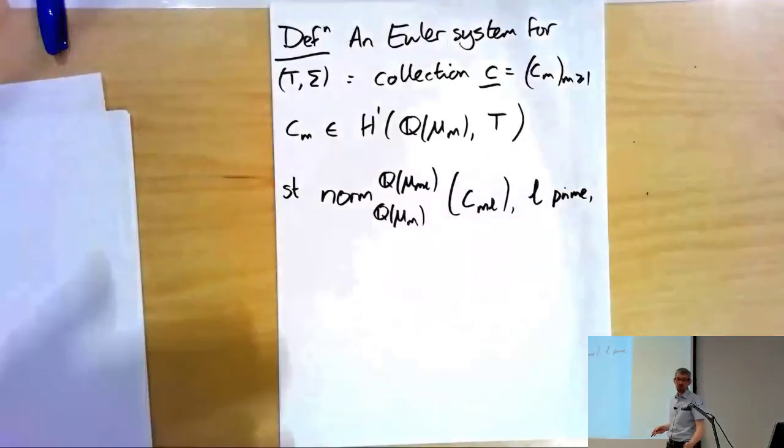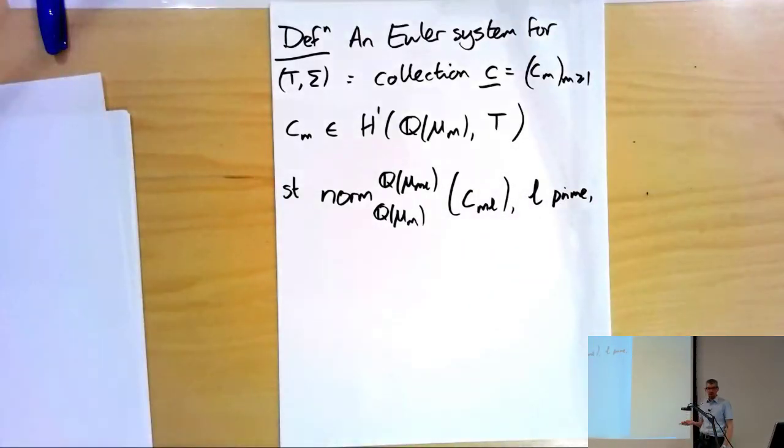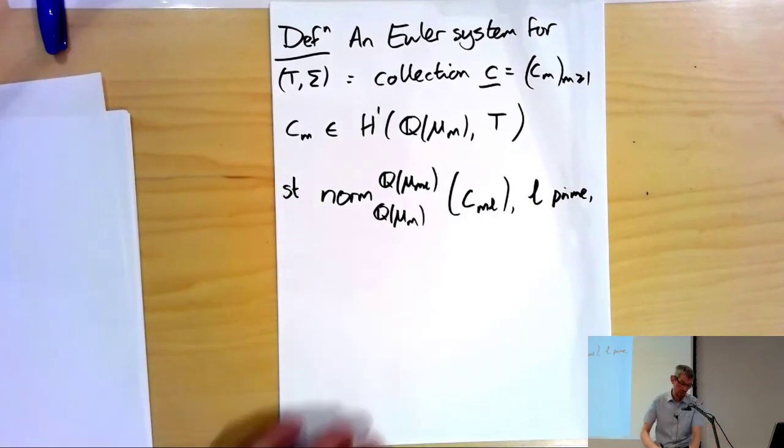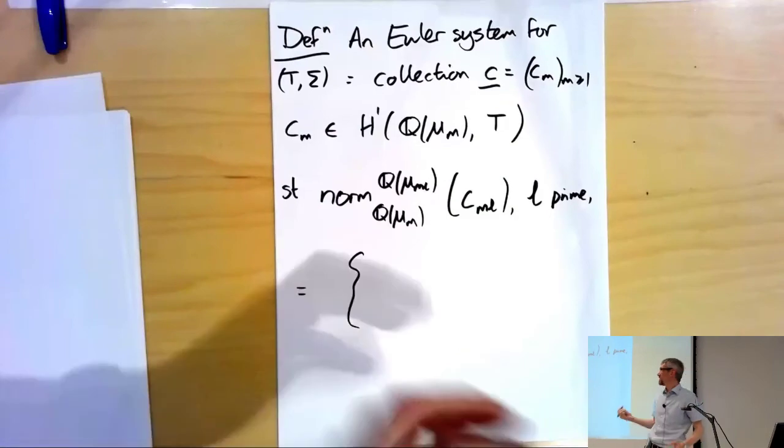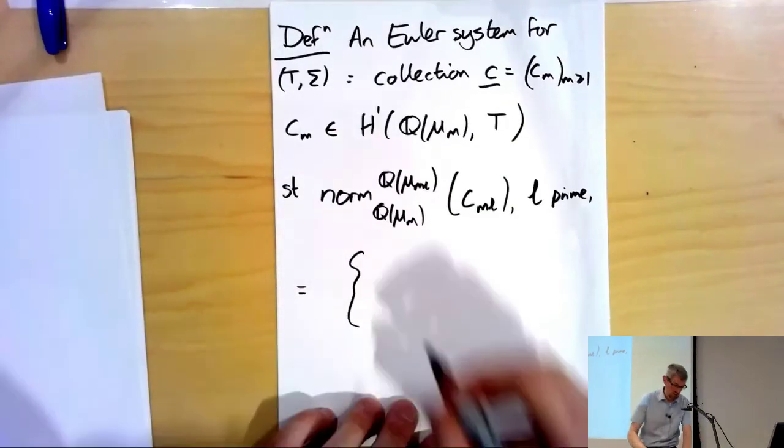And if l is a prime number, I can compare c_{ml} and c_m. What I'm going to ask for is that in the bad cases, this is just going to be c_m.